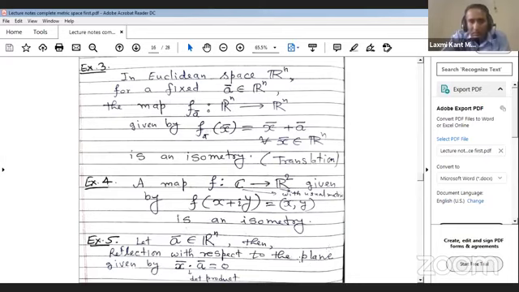This may not be a plane; if we are in higher dimension, it will be a generalization of a plane. So the reflection with respect to the plane given by the equation x bar dot a bar equals 0. This is the equation of a plane passing through the origin.